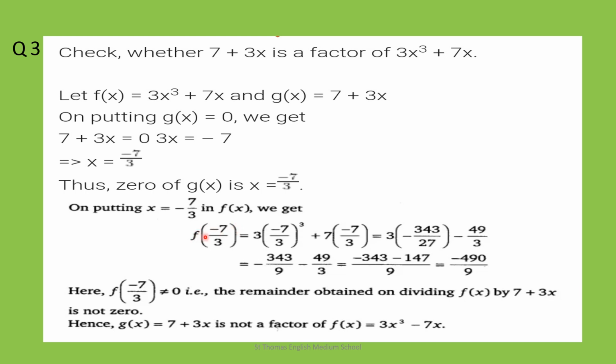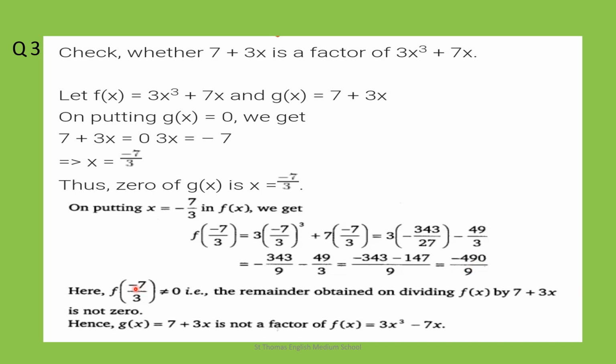Therefore, f of minus 7 upon 3 equal to 3 multiplied by (minus 7 upon 3) whole cube plus 7 multiplied by minus 7 upon 3, that is equal to 3 multiplied by minus 343 upon 27 minus 49 upon 3, that is equal to minus 343 minus 147 upon 9, that is equal to minus 490 upon 9. That is, you are getting the remainder as minus 490 upon 9.